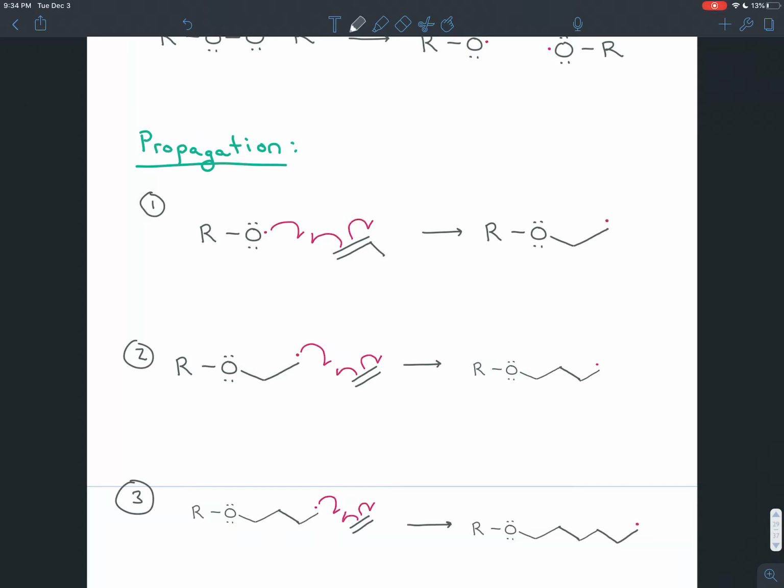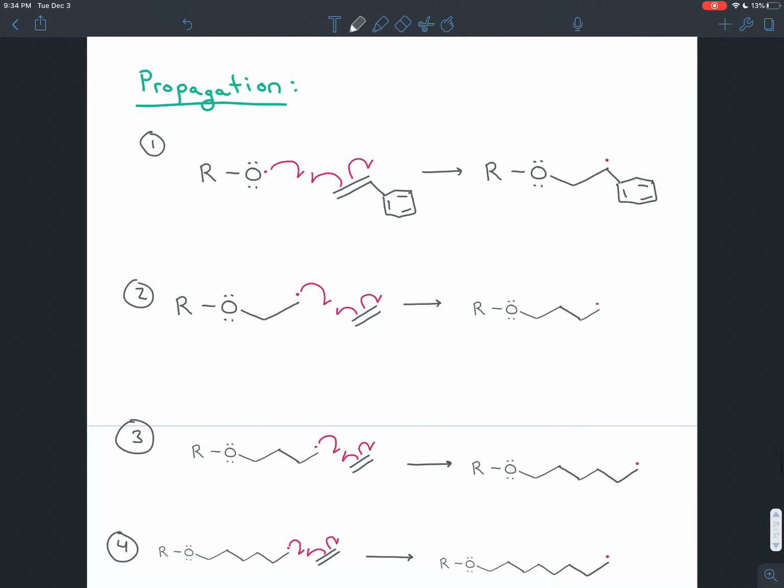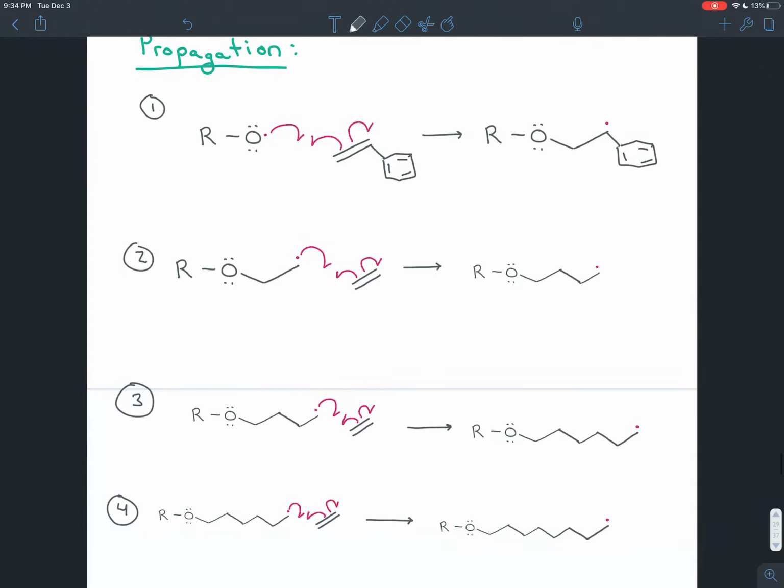So this carbon will have a benzene ring attached to it. And so here you would have that benzene ring. But otherwise, the actual process of the reaction is the same. The radical steals 1 electron from the pi bond. The other electron in the pi bond forms a new radical. And so we would have that here.